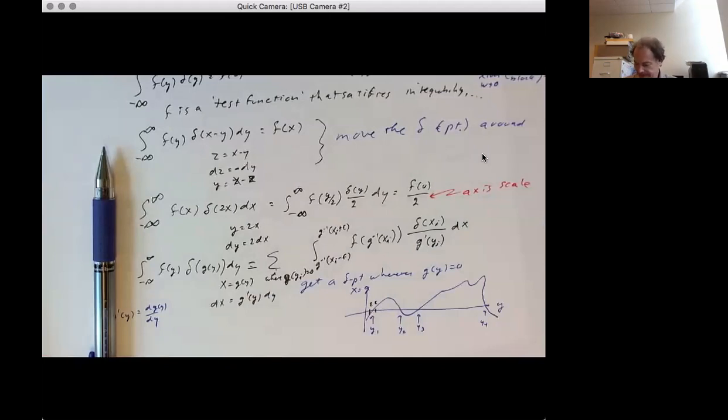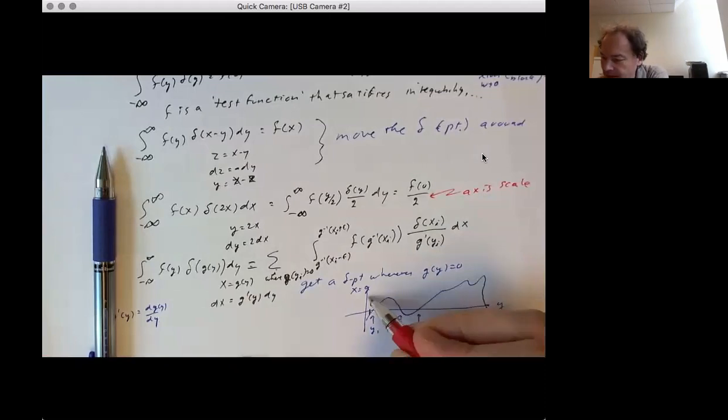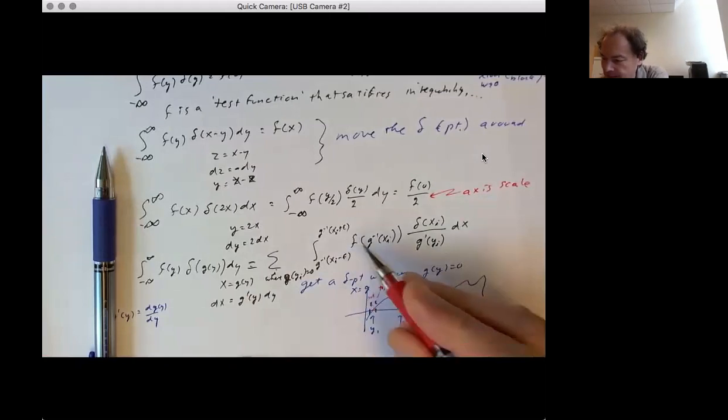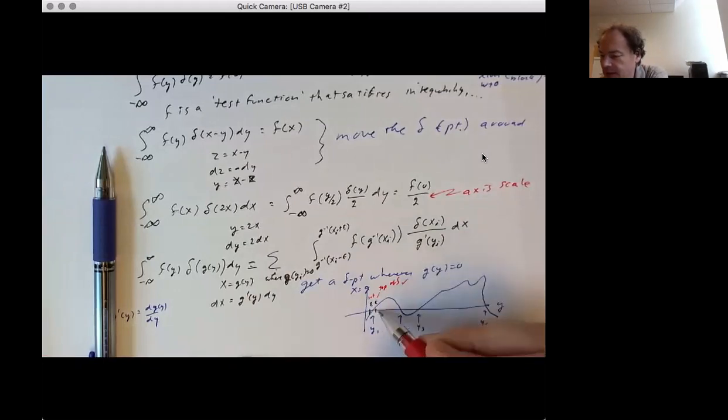But wait a minute. We look at this point here, we find that this one's at the bottom, and that one's at the top of the integral. And so that's okay. The integral is positive and the slope is positive. So integral is plus, slope plus, you get a plus. On this one here, you get this at the top and this at the bottom. So the integral is backwards.